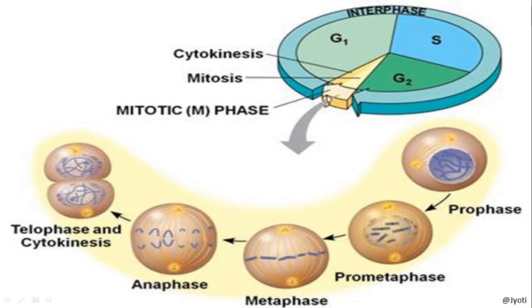Now in M phase, the division of the nucleus takes place first, and then it is followed by the division of the cytoplasm. So nuclear division is known as karyokinesis, which involves prophase, metaphase, anaphase and then telophase. And when the telophase is taking place, simultaneously the cytokinesis also starts.